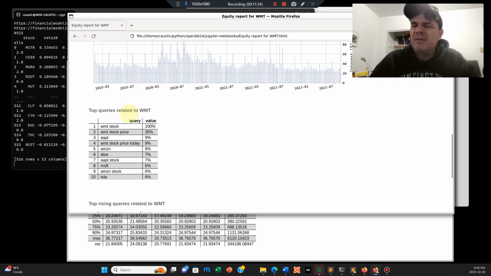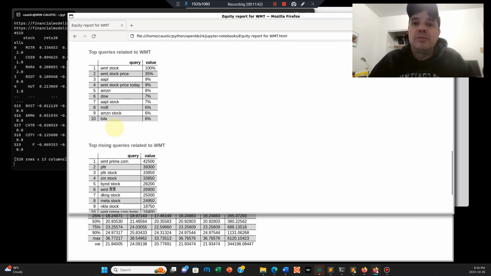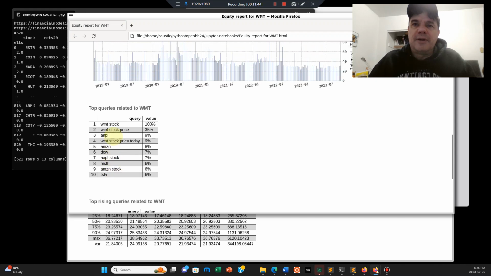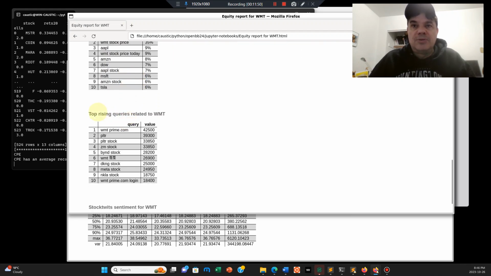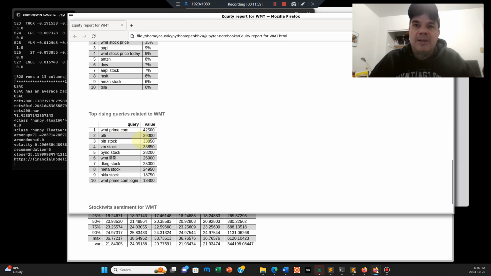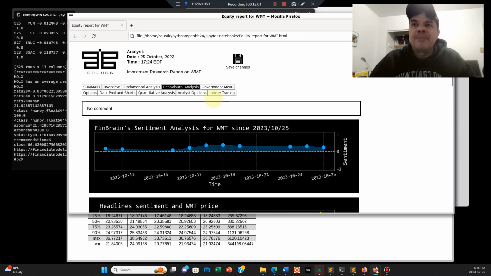And what are people interested in terms of interest on Walmart from a Google search point of view, based upon their different keyword searches. So there's some of those. Same with these when it comes to Walmart. So you can see people are interested in Walmart, Nokia stock, Palantir, so on and so forth.